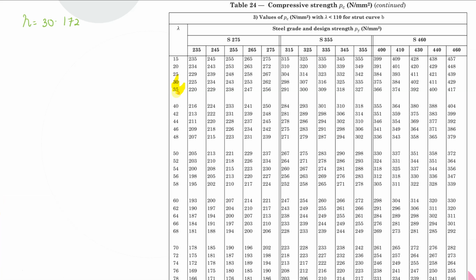It must be at this area and okay, 265, so this one, between 253 and 247. 30 is equal to 253. For 30.172 we do not know the Pc yet, and then 35 is 247. Okay, let's simplify this one. So 35 minus 30, we can write it like this also.